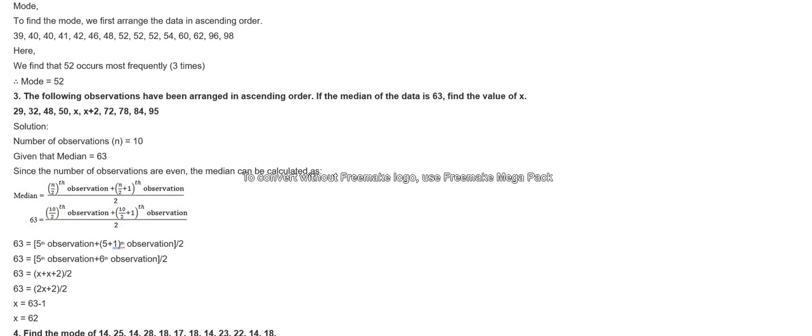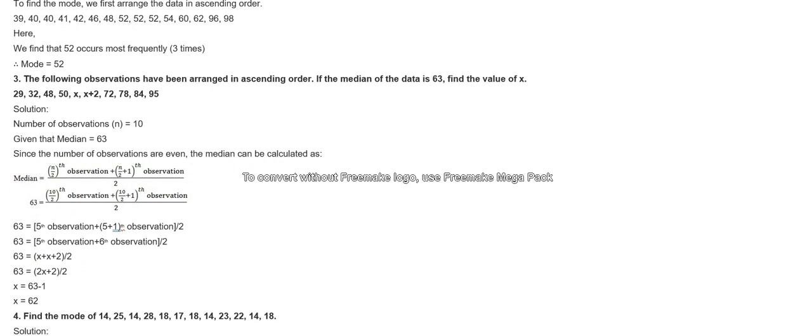Just have a look here at our question number third. In this, the median is given to us and we have to find out the unknown value. Now check it out. What is the total number of observations? That is even. So the formula we are using is (n upon 2)th observation plus (n upon 2 plus 1)th observation, divided by 2.